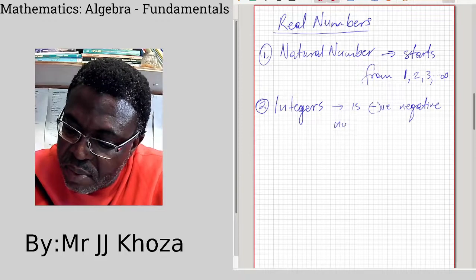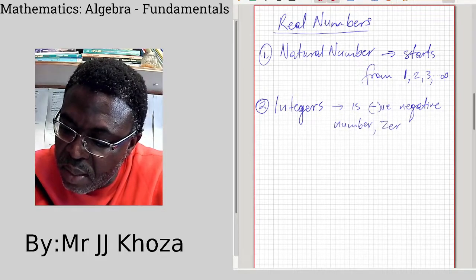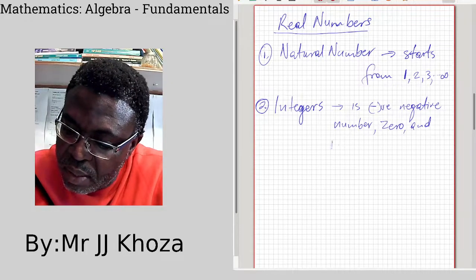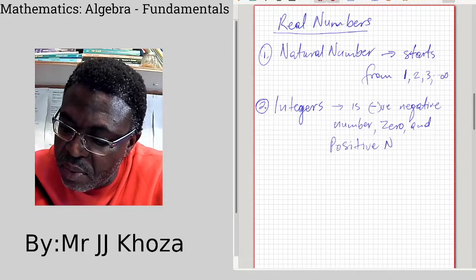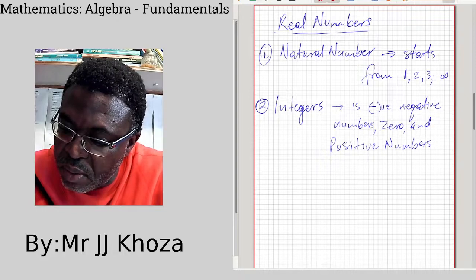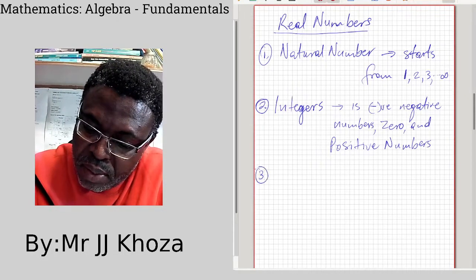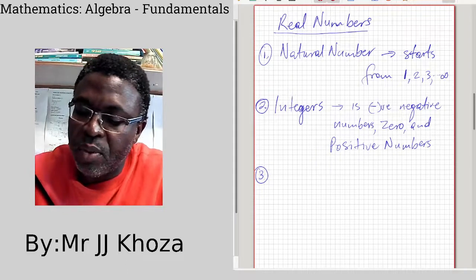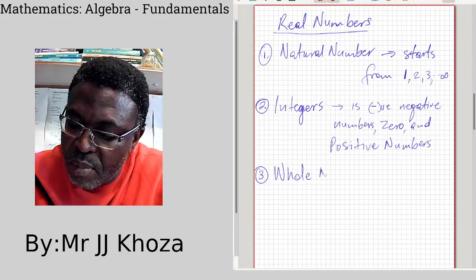Negative numbers, 0, and positive numbers.